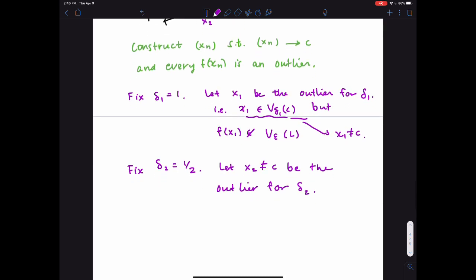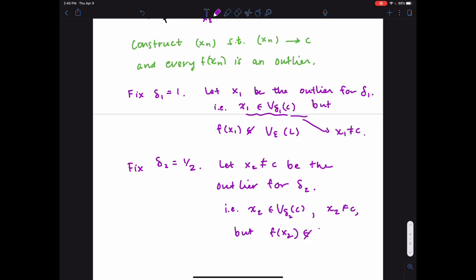And what I would be saying here is that x2 is in my delta 2 neighborhood of C, x2 not equal to C, but f of x2 is not in my epsilon neighborhood of L.